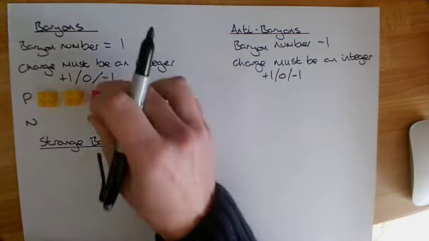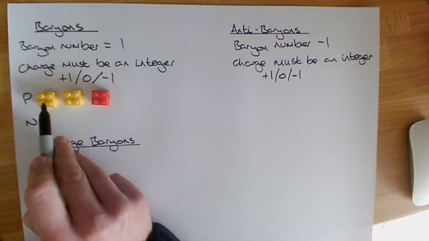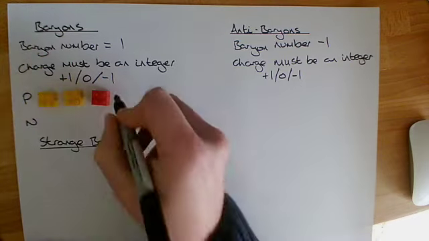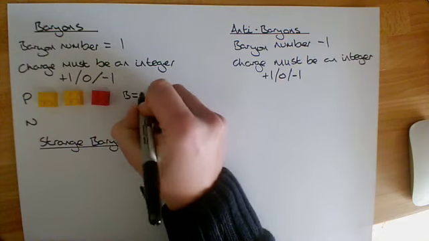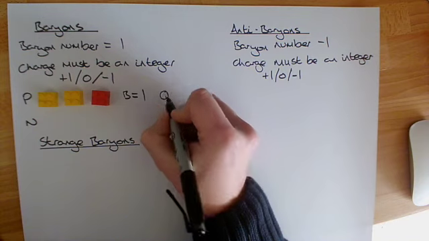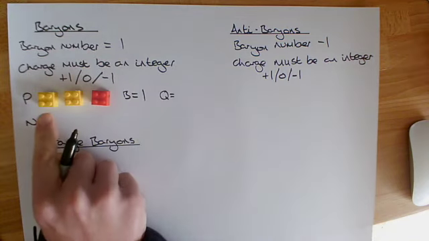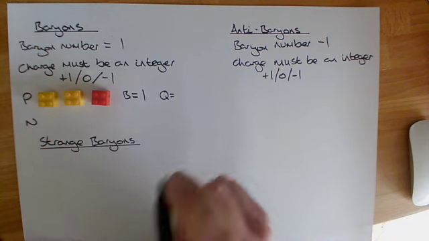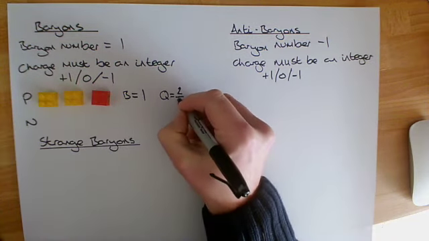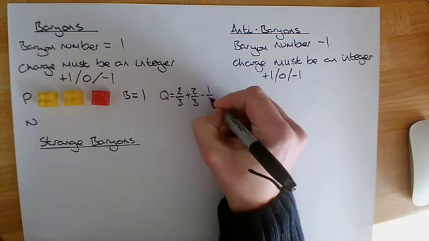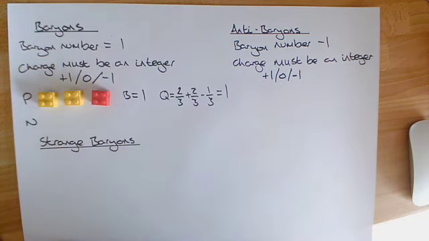Okay, so for that proton, the baryon number is +1/3, +1/3, +1/3. So the baryon number equals 1. The charge, I'm going to give that the symbol Q there, is going to be +2/3, +2/3, -1/3. So 2/3 plus 2/3 minus 1/3, which equals 1.